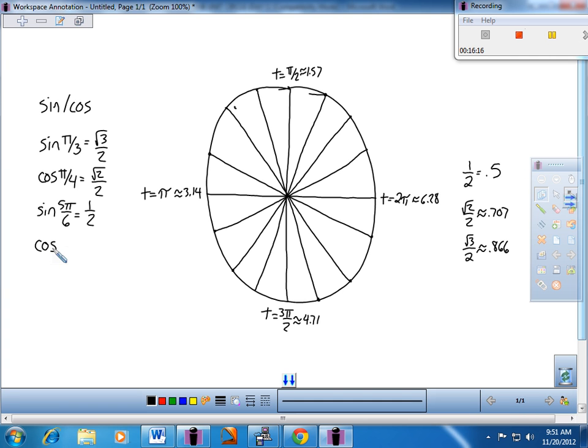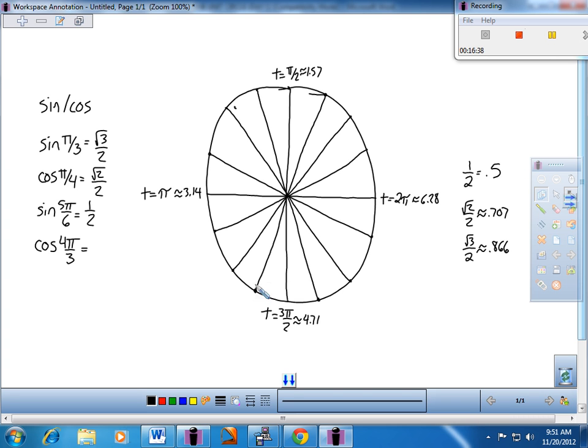How about this one? Let's do the cosine of 4 pi over 3. So what's the cosine of 4 pi over 3? Again, be very careful. A couple reasons for this one. First of all, see 4 pi over 3. Here, everybody, is 4 pi over 3, right there. That's where I am on the unit circle.